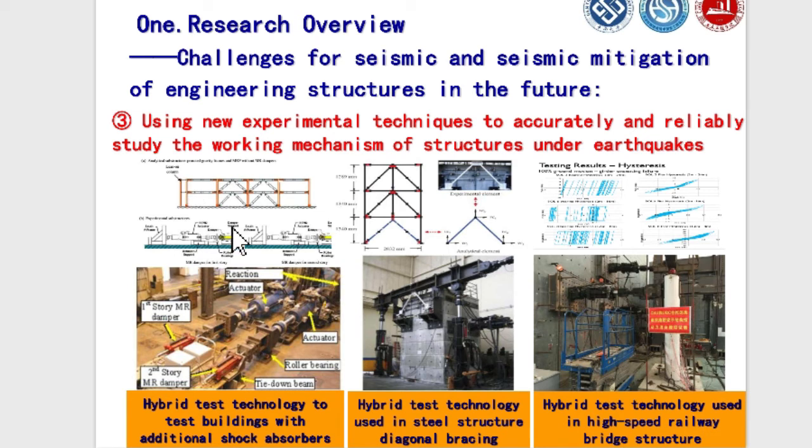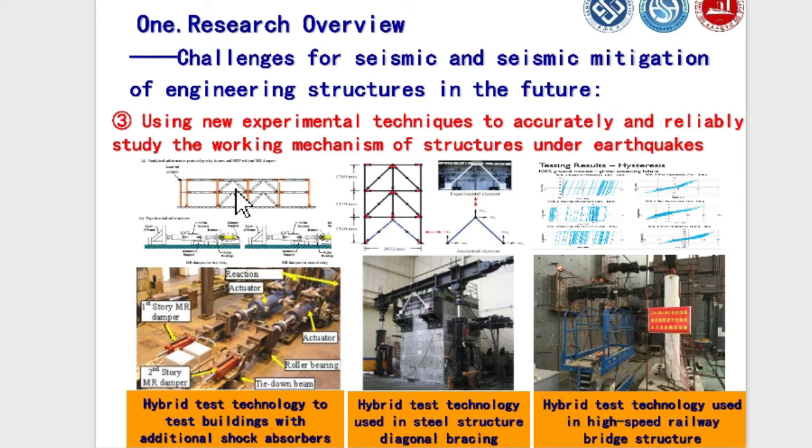From this picture, we can see we have a structure, which we call the analytical structure. The structure can be numerically simulated in the computer. For the dampers, we adopt a physical damper, which is tested in the lab.